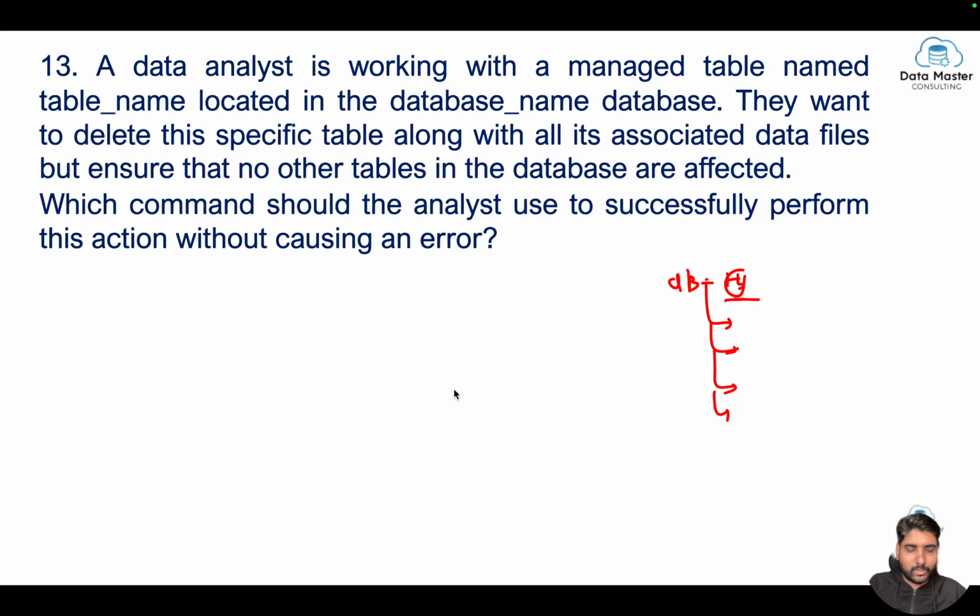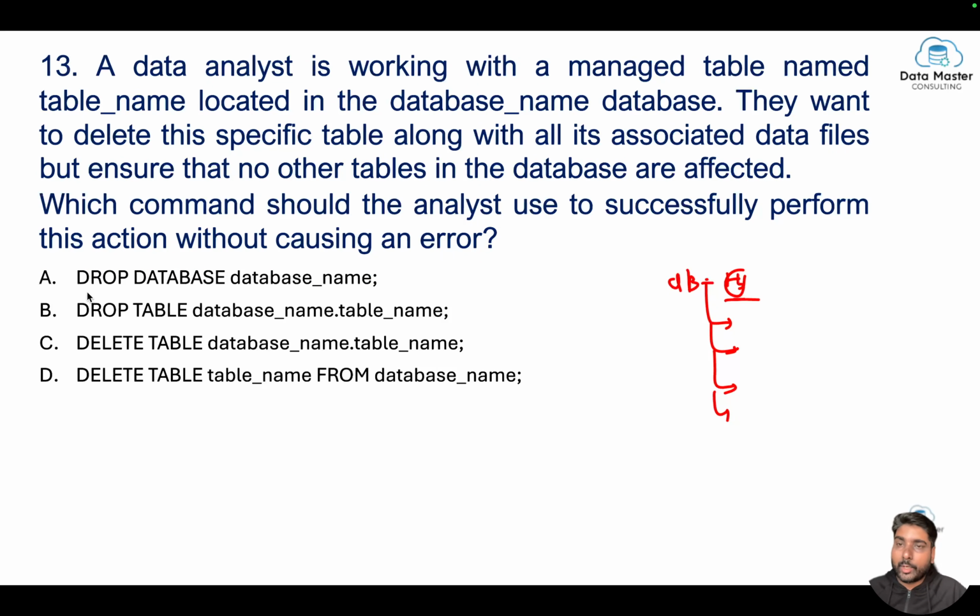Okay, let us see the options here. Drop database. No, we are not dropping a database, that is gone. If you say delete table, in both the syntaxes, you are just deleting the records. They actually want to drop the specific table along with all associated data files.